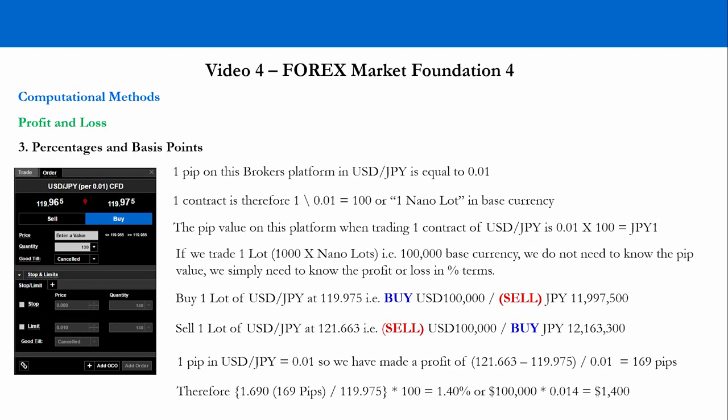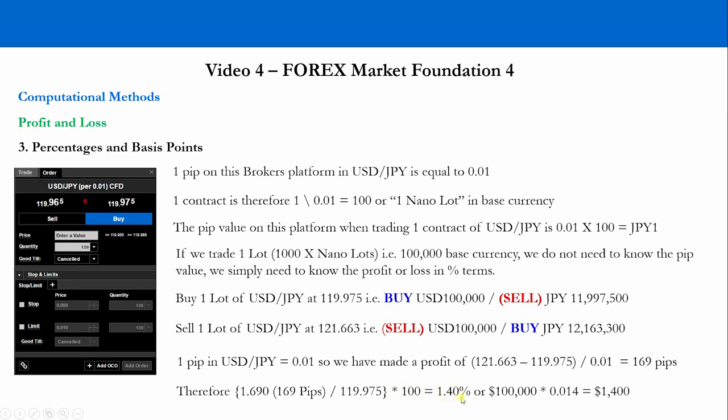It doesn't matter to the profit or loss in terms of working out, because we don't need to know the pip value. All we need to know is the profit or loss in percentage terms. So if we did exactly the same trade, all we have to do is work out what 169 pips is as a percentage of the exchange rate when we put the trade on.